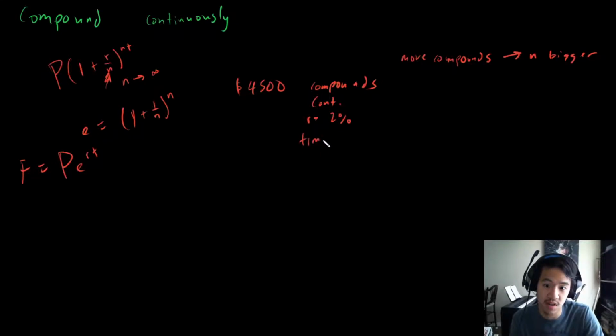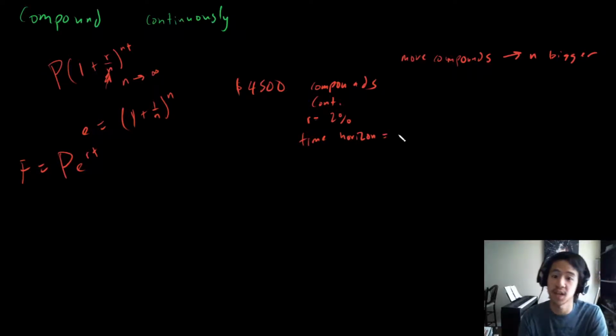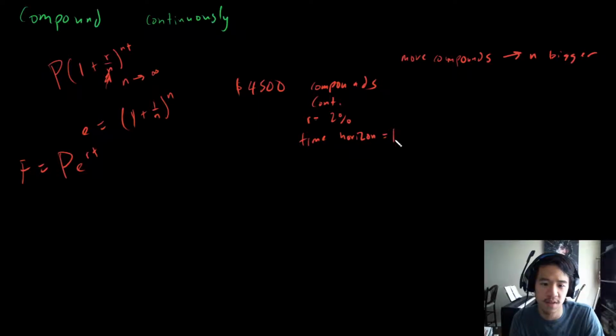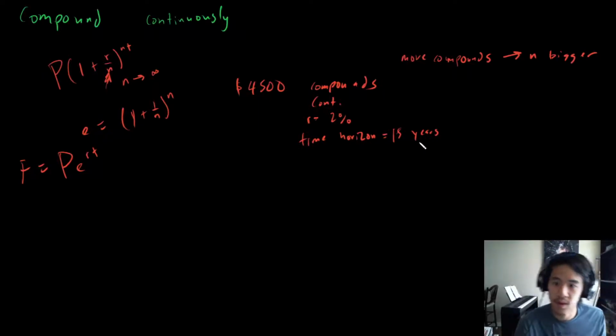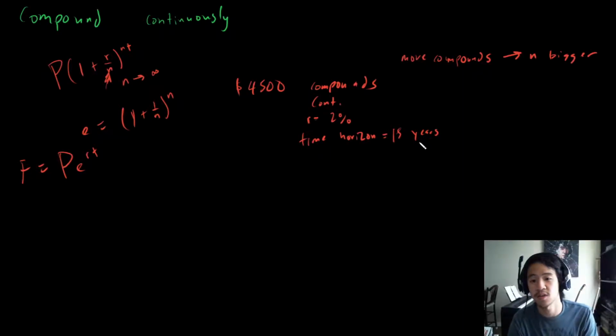This is your time horizon. So that is how long it's going to be until you take this money out. Your time horizon, let's say, is going to be something like 15 years. So we're putting $4,500 into a savings account, compounds continuously at a rate of 2%, which is really good. And then you're going to take it out in 15 years. So we're going to want to know how much money we're going to have in this account after 15 years.